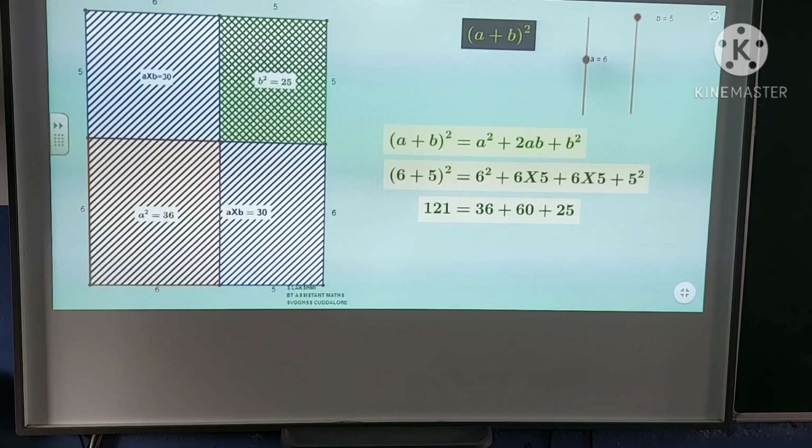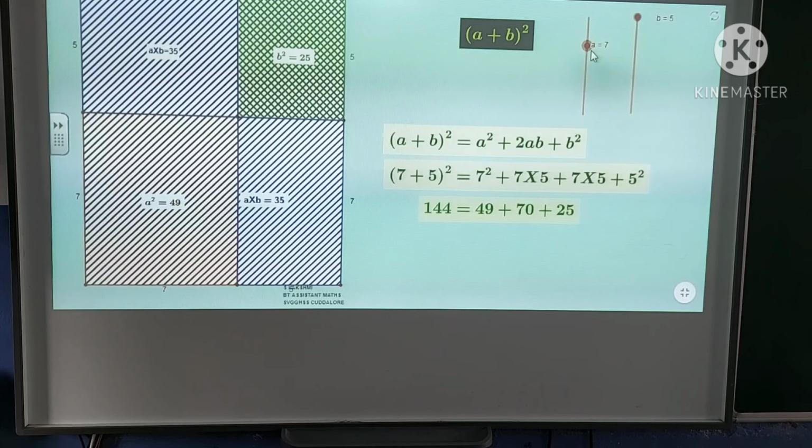Drag the sliders. First I drag the a slider. You can see the changes take place in this diagram. First I drag the a value to a higher value. So the a value is risen, so the diagram is changed.